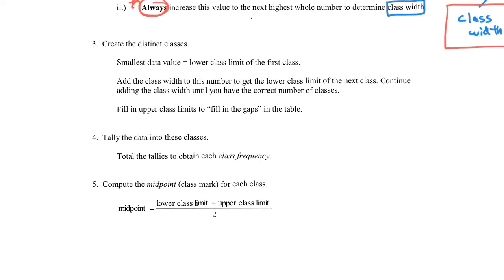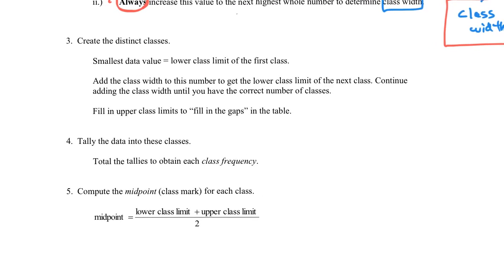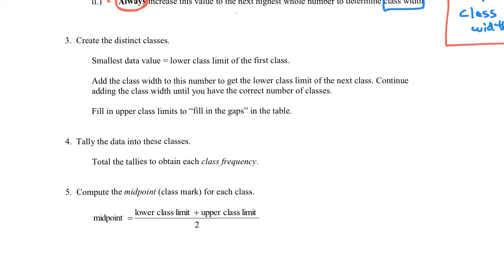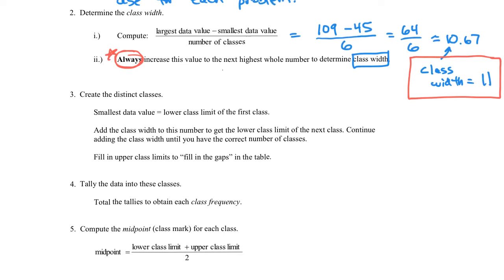So it says create the distinct classes. Smallest data value equals the lower class limit of the first class. Well, our smallest data value we already found, that was 45, right? This is our smallest data value, 45. That's going to be the lower class limit of the first class.